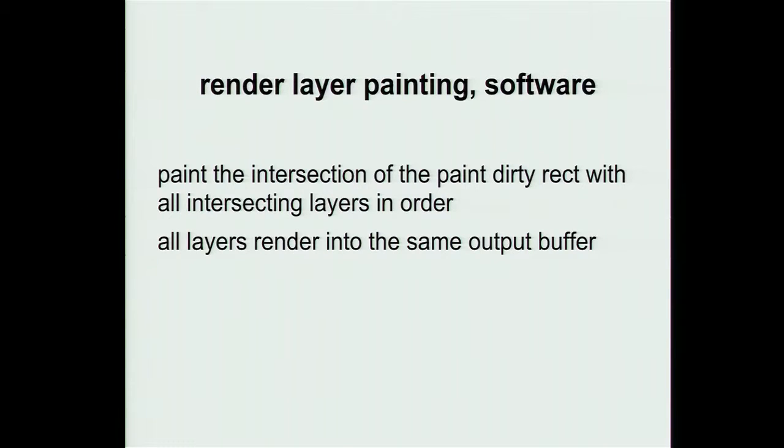The way WebKit usually gets called is it gets calls with a dirty rectangle. So we fill in that dirty rect. We intersect it through all the render layers, everything that intersects it, we paint, and then we eventually hand off the completed buffer, which will have, in the correct order, the image that we were looking for.